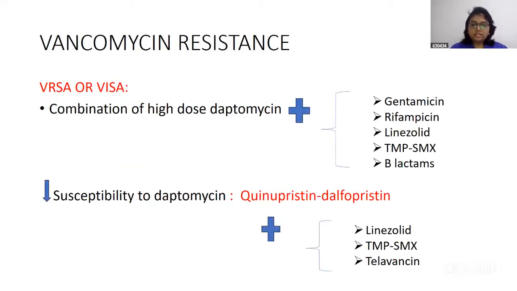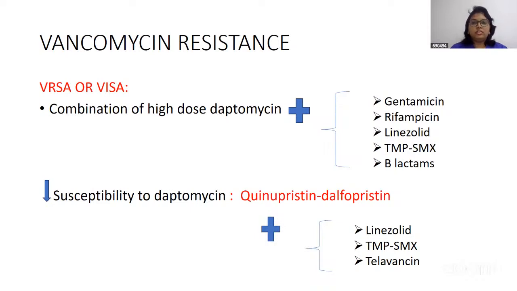So this was the methicillin sensitive and resistant MRSA, and how to encounter vancomycin resistance, the patterns which we already discussed, VRSA or VISA. If vancomycin resistance is there, we may use daptomycin, but we may have to consider other drugs also. The dual therapy is more efficacious than a single drug.